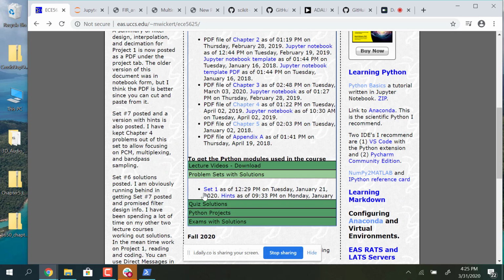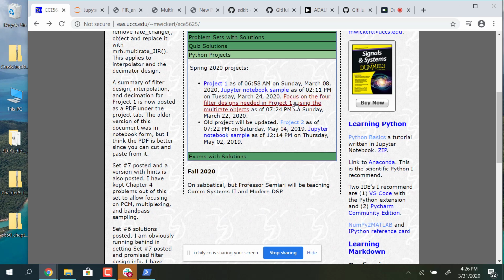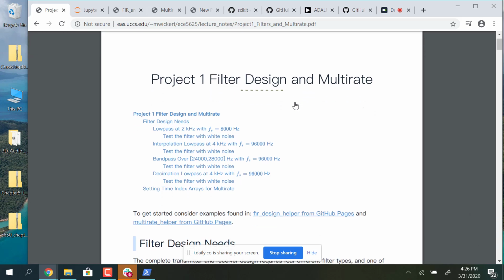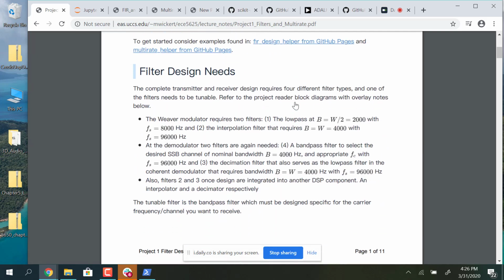I'm going to go up here under projects. This was intended to help focus you on the important focus of the project: what are the filter design needs, and then how do you code to meet those design needs.